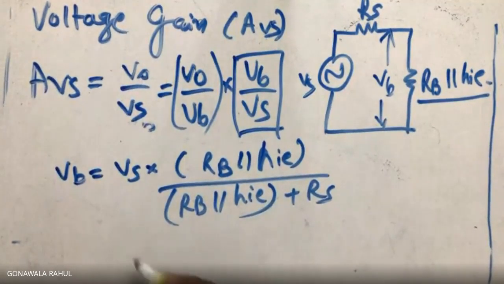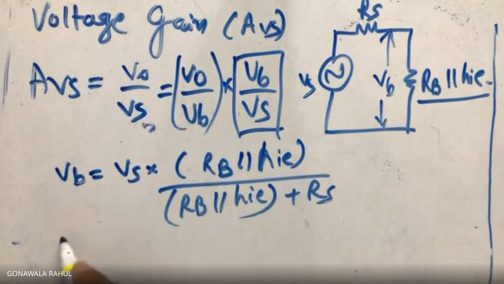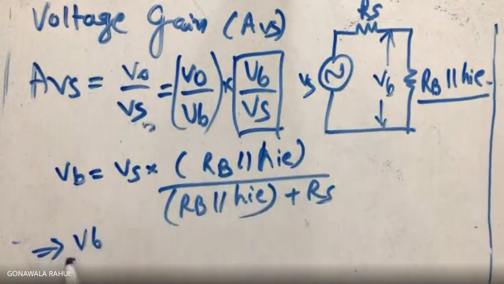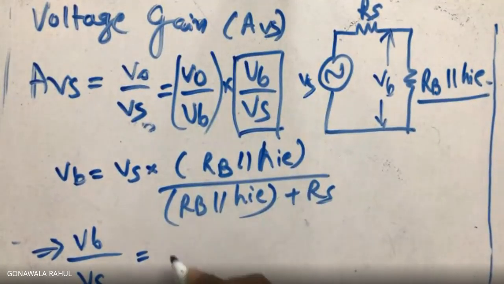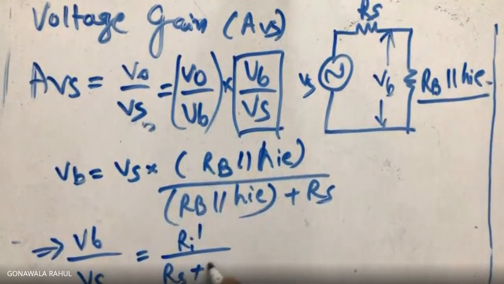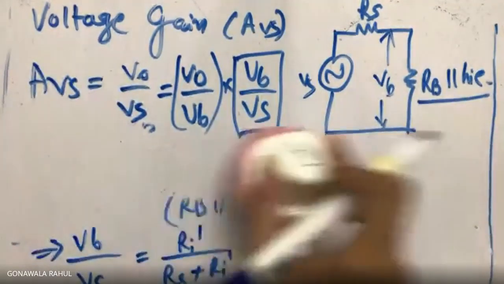Now there will be some mathematics, and from the mathematics it will be derived that Vb by Vs is equal to Ri dash upon Rs plus Ri dash. So I am putting that directly here.